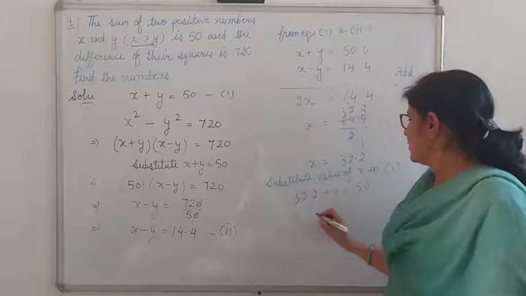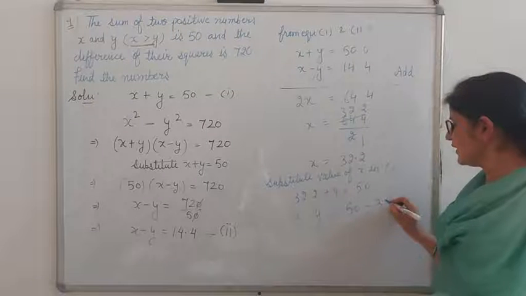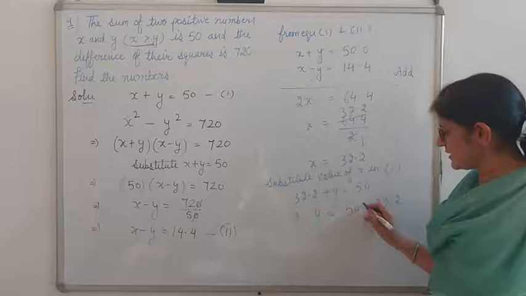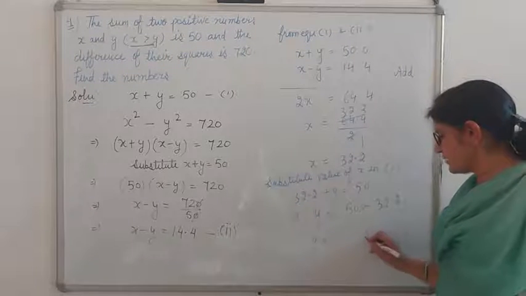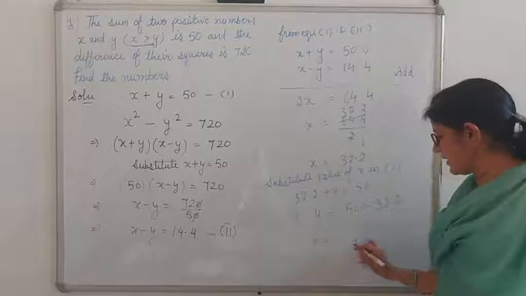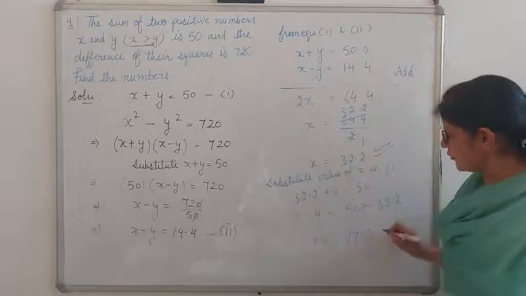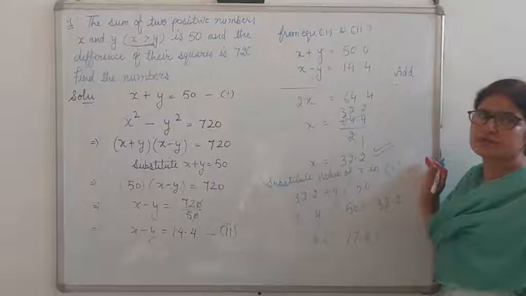So y is equal to 50 minus 32.2. You can write it like this and then subtract easily. 10 minus 2 is 8, 9 minus 2 is 7, and 1. So like this we are able to find the value of both the numbers, and this is the solution.